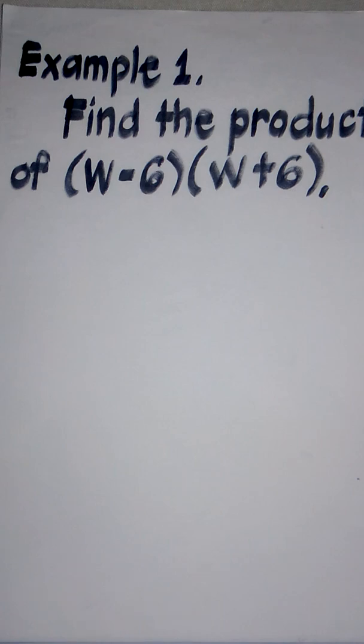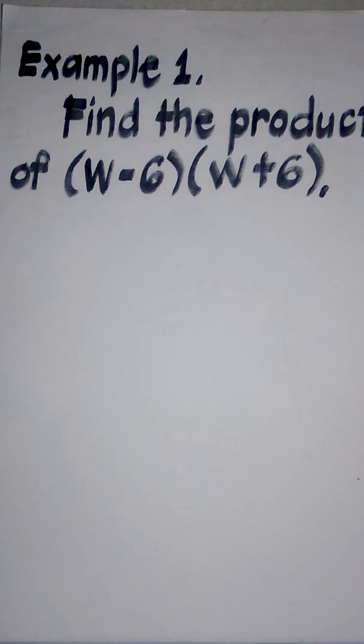But here in special products, we will use some patterns in algebra wherein you can easily get the product. As I said a while ago, the product of these two terms is always a binomial. It is the difference of the squares of the first term and the second term. Let me show you the example.